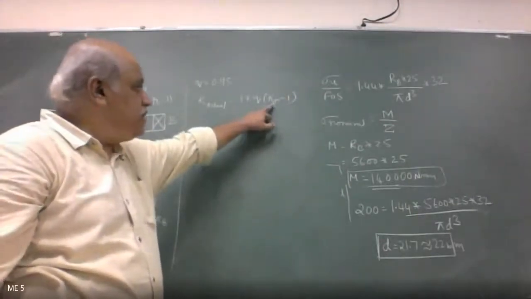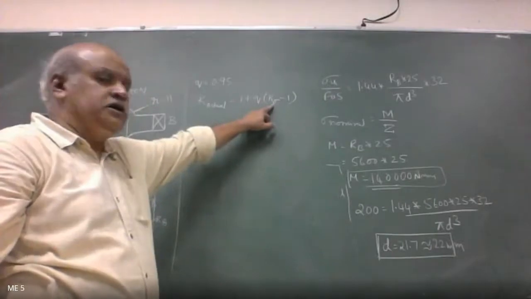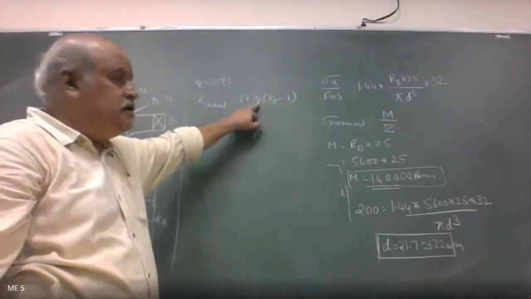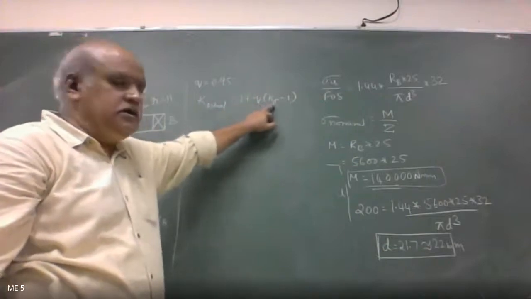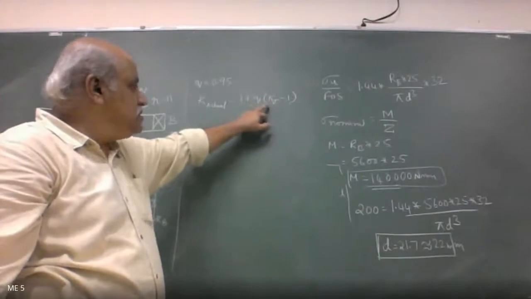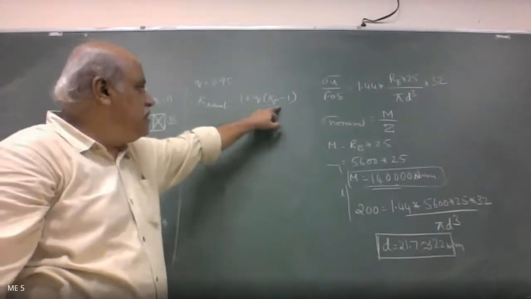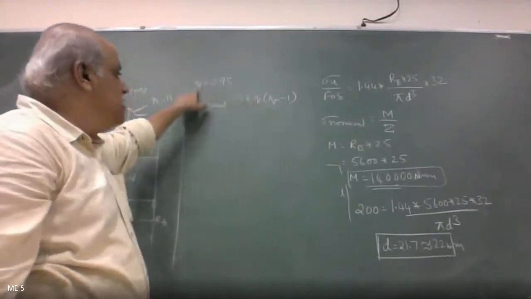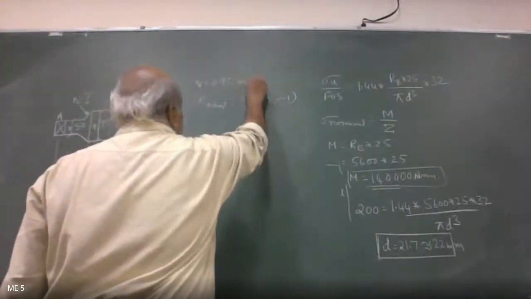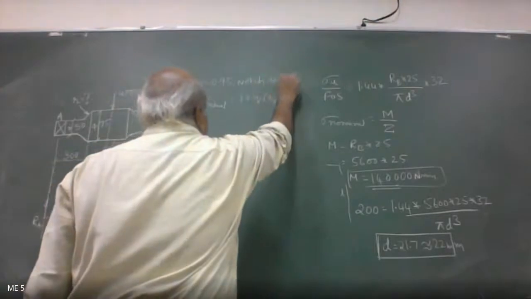So far we have been finding out K sigma, that is the stress concentration factor. When we have the notch sensitivity factor given, that is the degree to which this stress concentration factor will have effect.